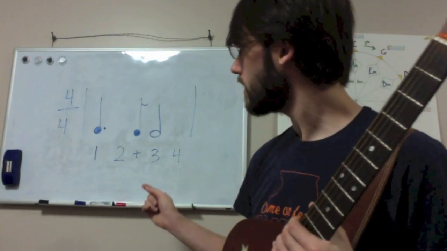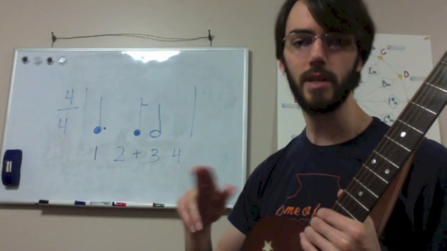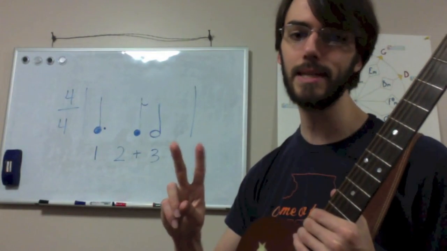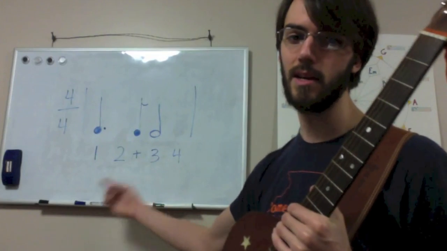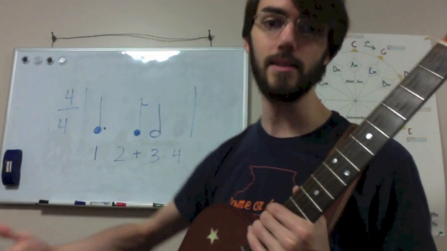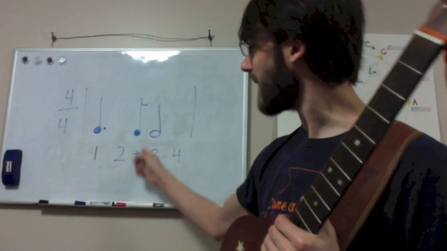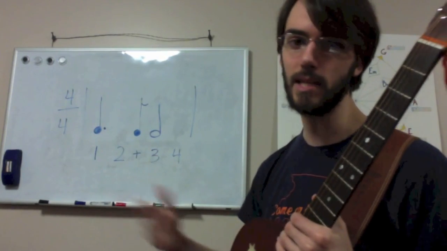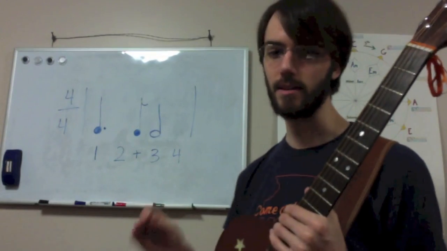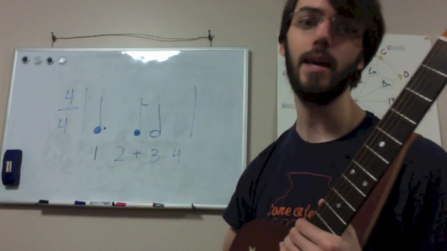Alright? We talked in the last lesson about eighth notes, how by putting eighth notes in there, we can take a beat and split it into 2 smaller pieces. The first half of a beat is known as whatever the beat is. Beat 1, beat 2, 3, or 4. And the second half of the beat, that space between beats, is known as the and. I use a plus sign because it's easy to draw, but that represents the word and.